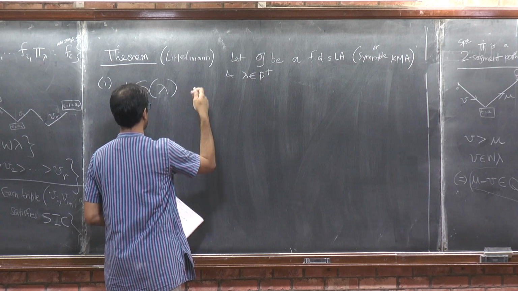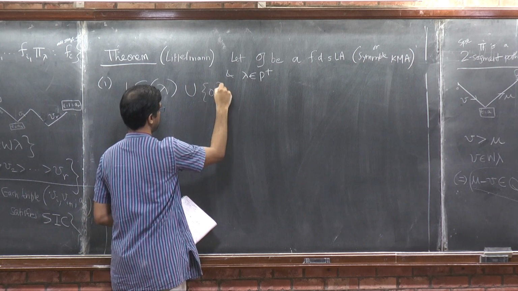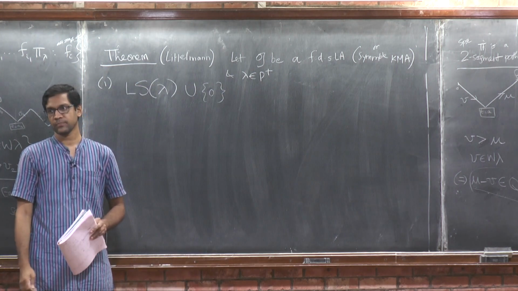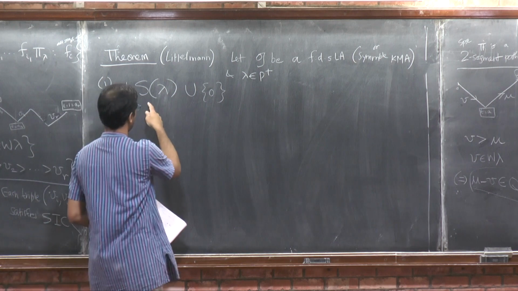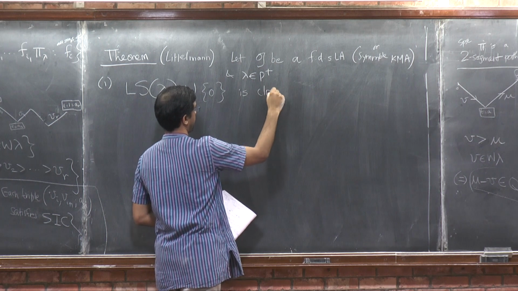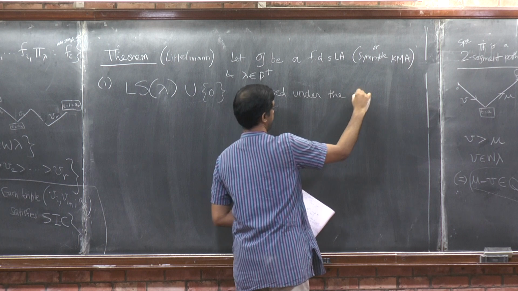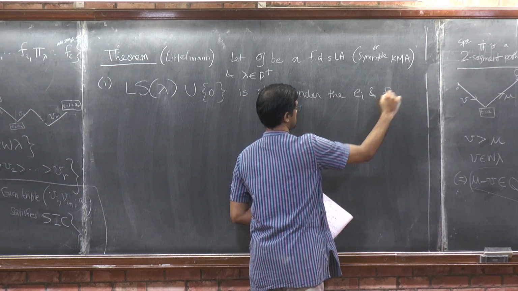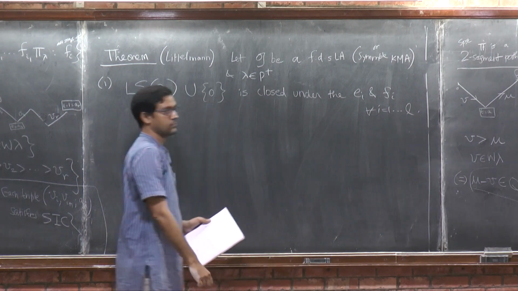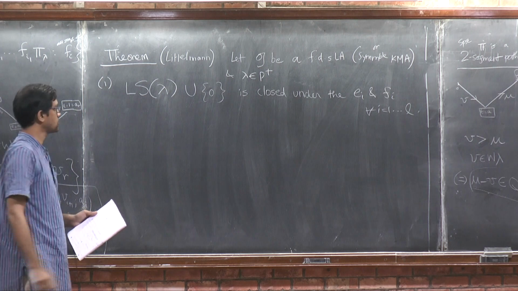There's just one silly thing to take care of. When you apply e_i's and f_i's, sometimes it's not defined, so you say e_i acting on a path is 0. So instead I'll say LS lambda union 0 is closed under the root operators e_i and f_i for all i. e_i and f_i on 0 are just defined to be 0. So this is the first theorem.